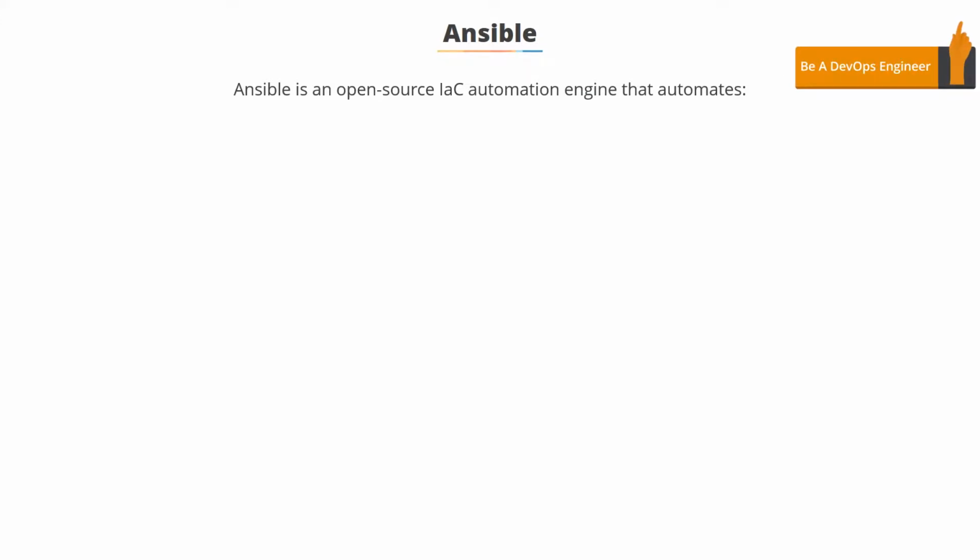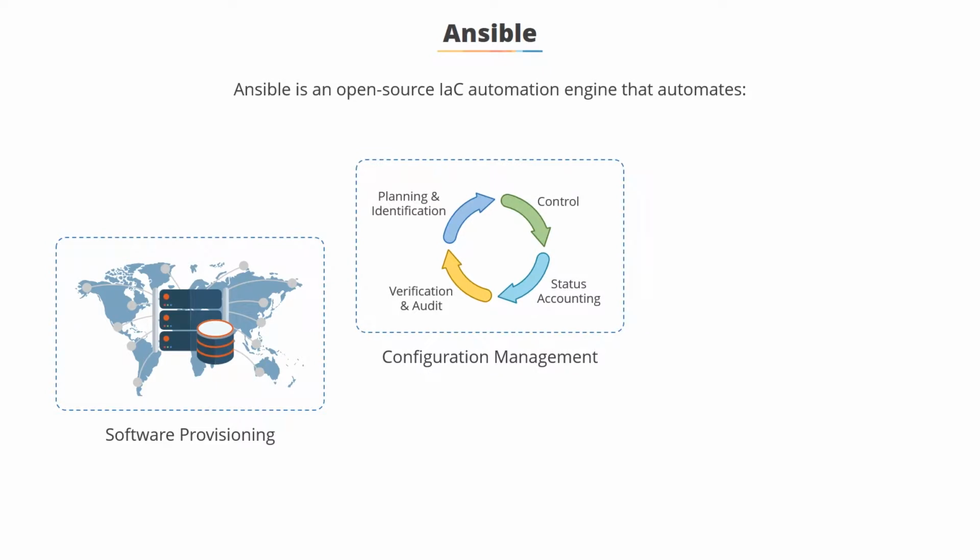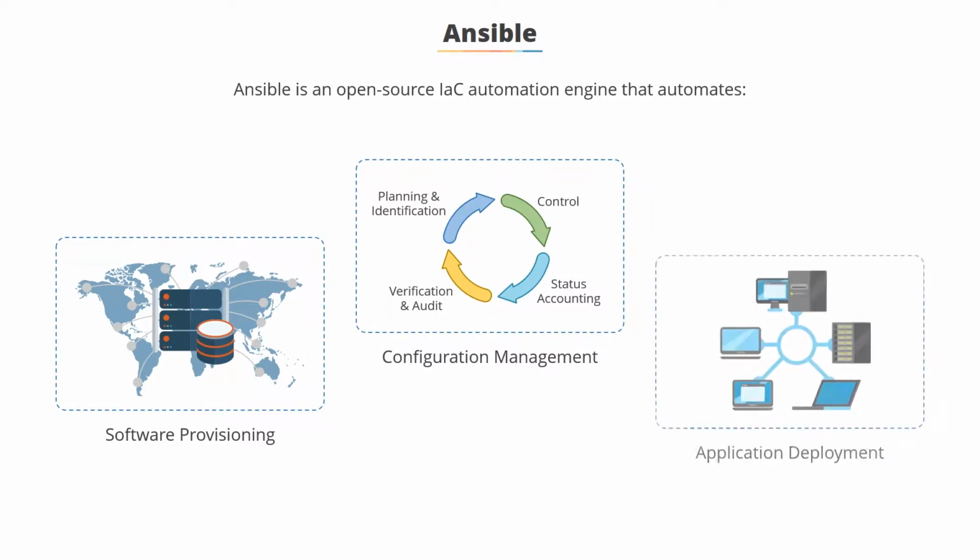Ansible is an open source configuration management tool that allows you to implement infrastructure as code. It can also be called an infrastructure as code automation engine that helps you automate provisioning software, applying configurations, managing configurations, and deploying applications.